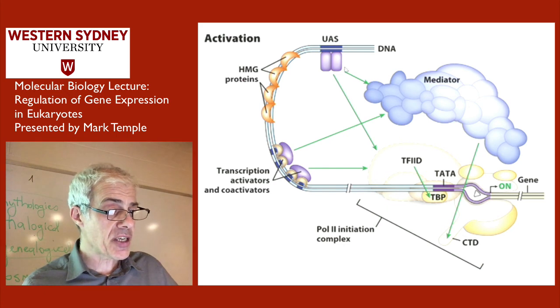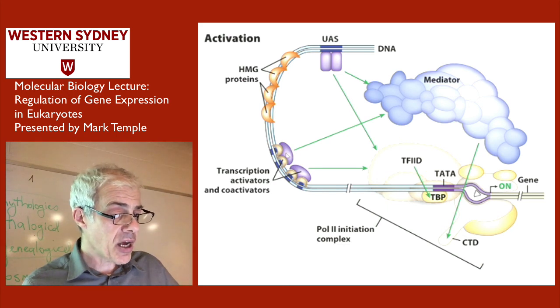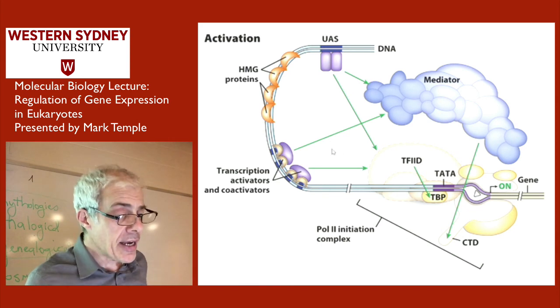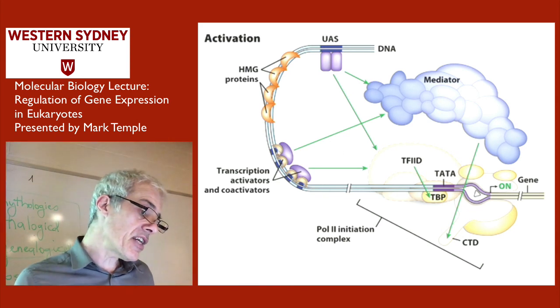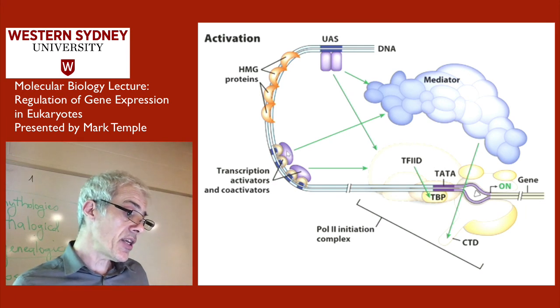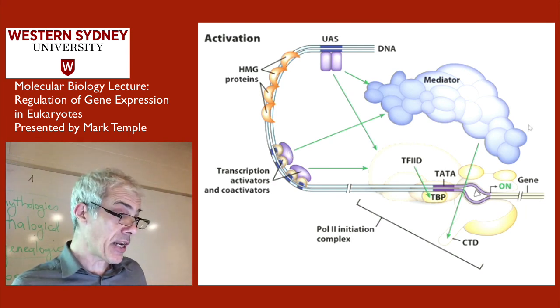So you've got protein-protein interactions here, or directly protein-protein interactions to the basal transcription machinery. The transcription factors here don't interact directly. The transcription factors interact through these co-activators and this mediator complex.